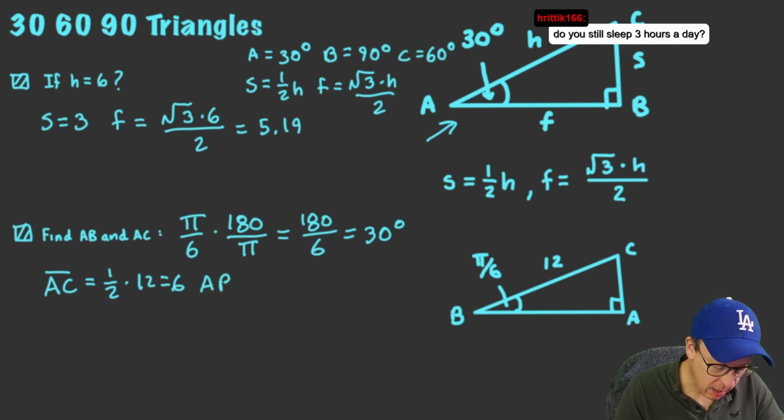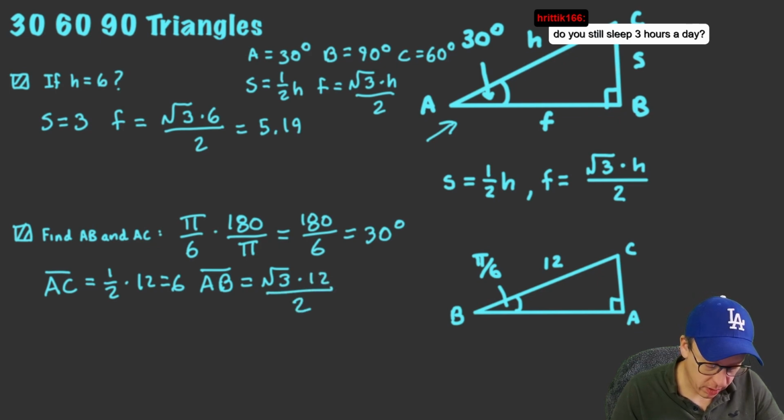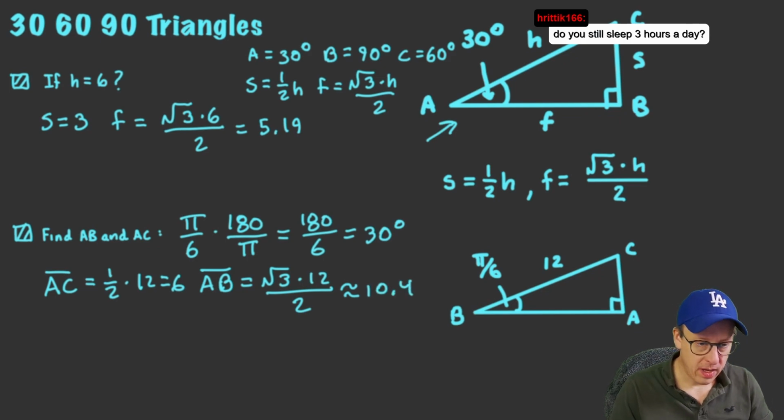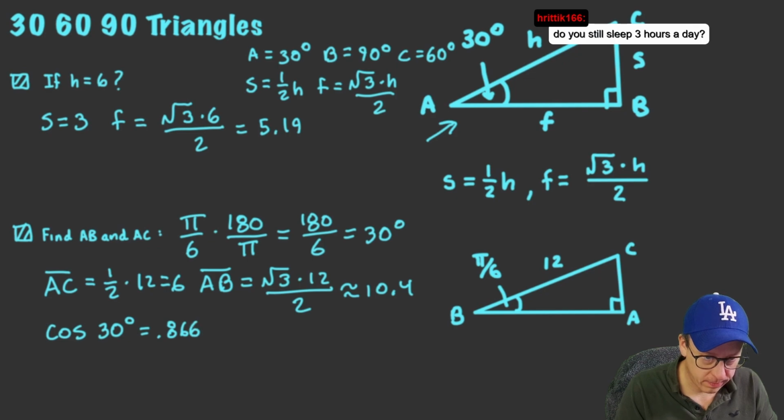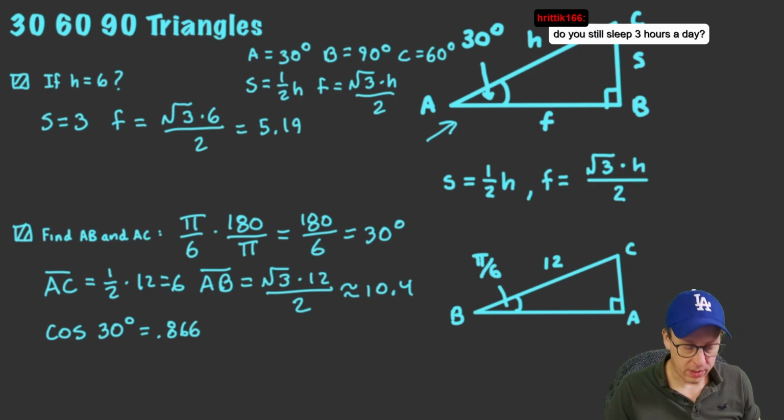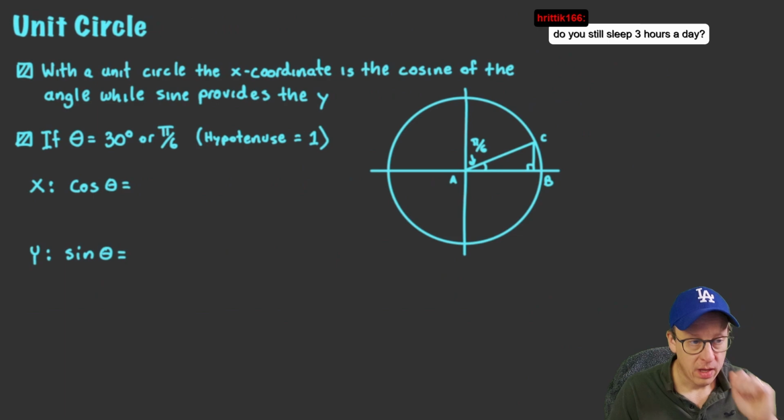And AB is going to be equal to the square root of 3 times 12 divided by 2, which is going to approximately be equal to 10.4. All right. And the cosine of 30 degrees is going to be equal to 0.866 in this circumstance. All right, let's move on.